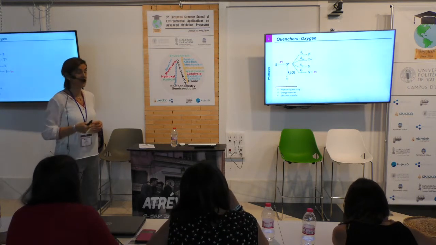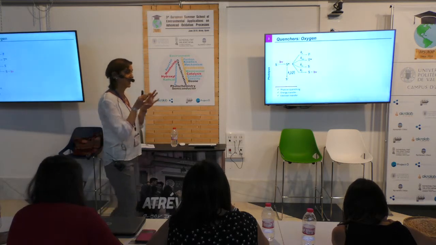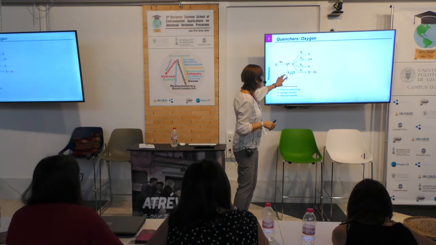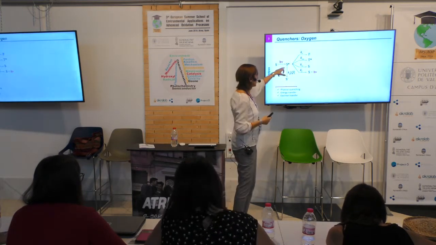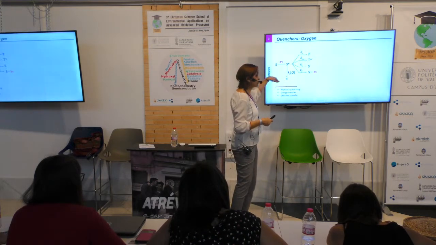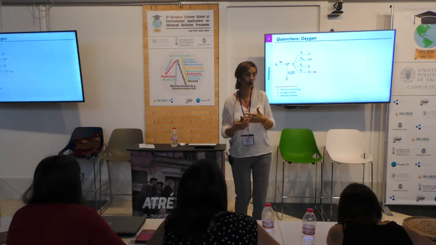When we talk about quenchers, we're talking about different compounds that can be found in the reactor media, that are able to interact, basically by collisions, with the excited molecule, and then produce other ways of deactivating this excited molecule.